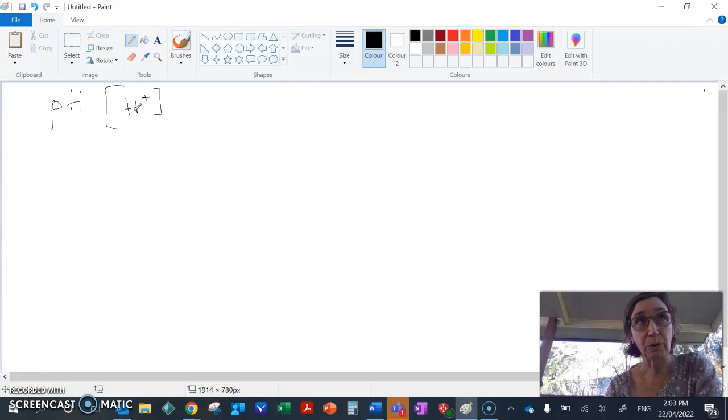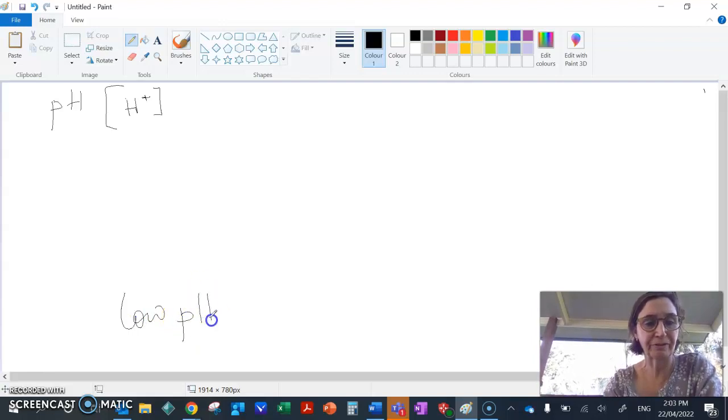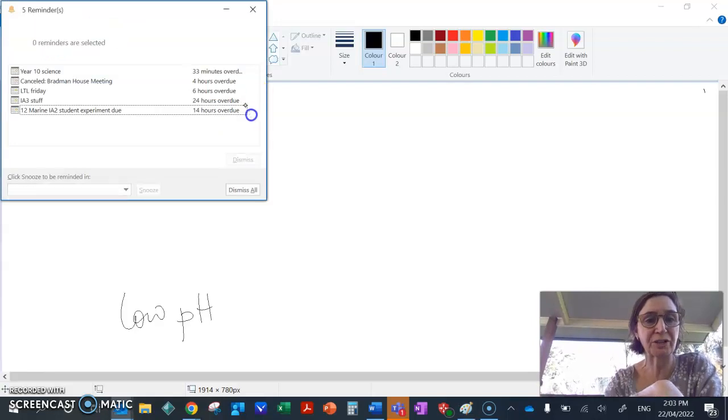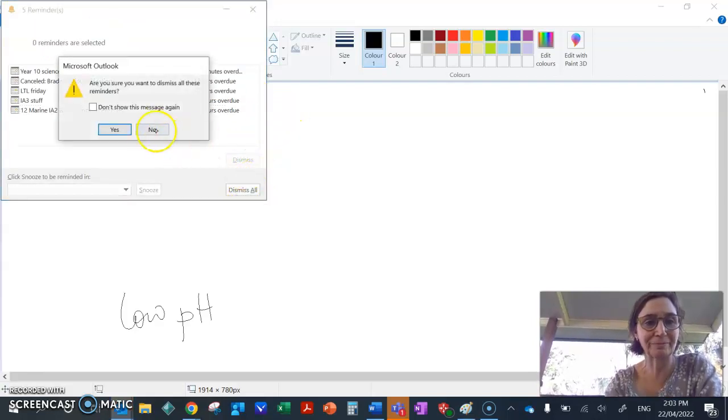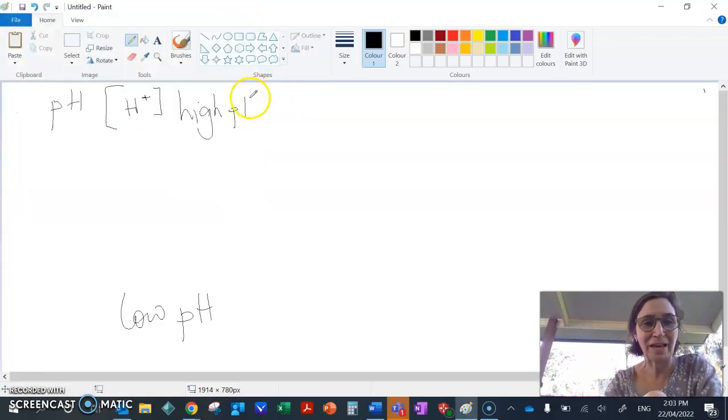It's really important that you know that low pH, so if we've got low pH and high pH, so pH goes up to 14 and it goes down to 0 or 1. In the middle we've got neutral.